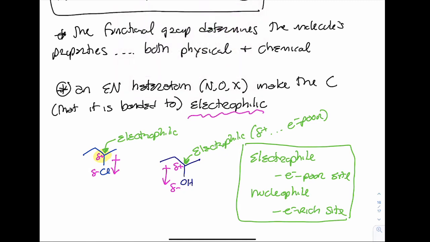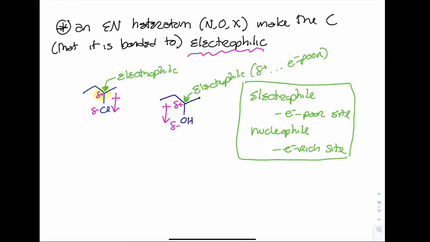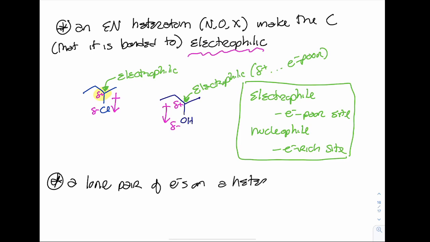Our second trend: a lone pair of electrons, or a non-bonding pair, whatever term you like better, on a heteroatom again, so an atom that's not carbon or hydrogen. We are going to exclude halogens from this though. Halogens don't generally fall under this rule.